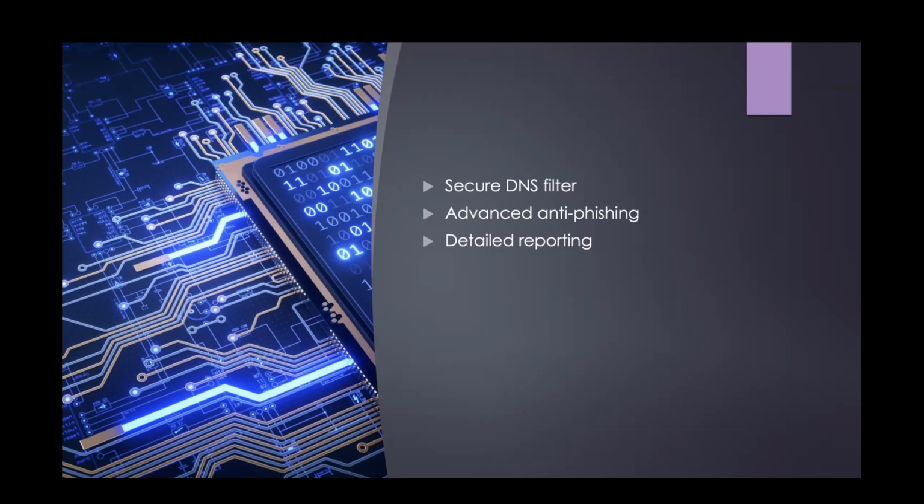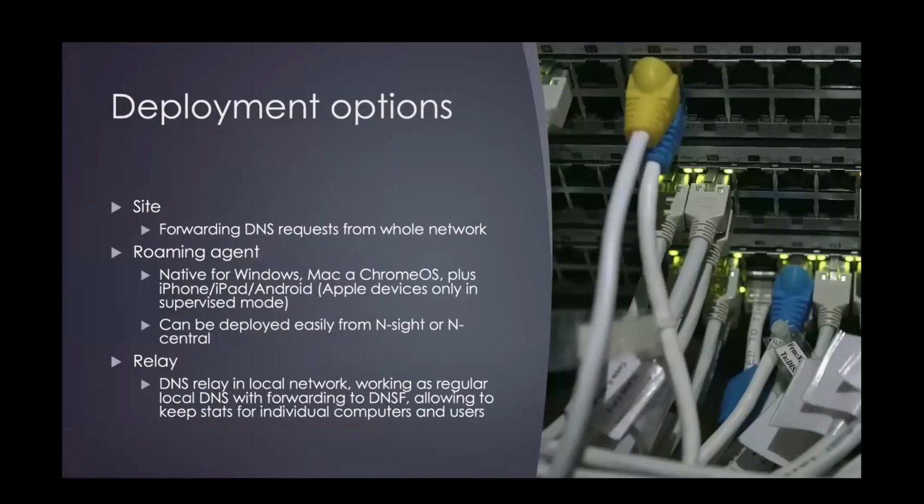And of course, you get reporting. As for deployment, there's three main things. You either have a site, so you forward requests from your Active Directory DNS or from your firewall or wherever. So that's still with some disadvantages.